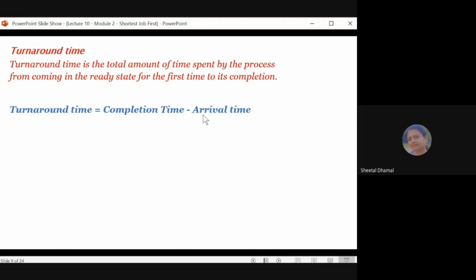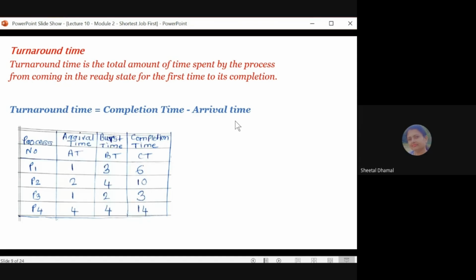We can subtract the arrival time from the completion time, because the arrival time is different for everyone, and we have to calculate at how many time units that particular process was present in the primary memory. So here by using this formula we can find out the turnaround time. So it is completion time minus arrival time. So it is 5, 8, 2 and 10.